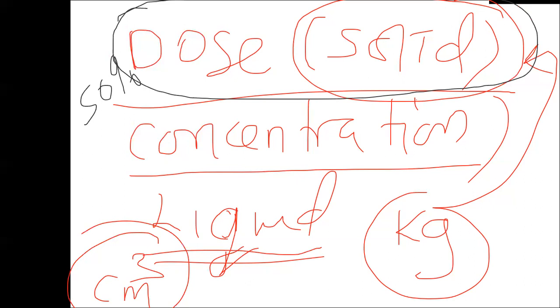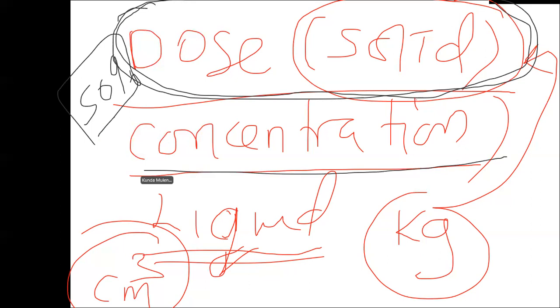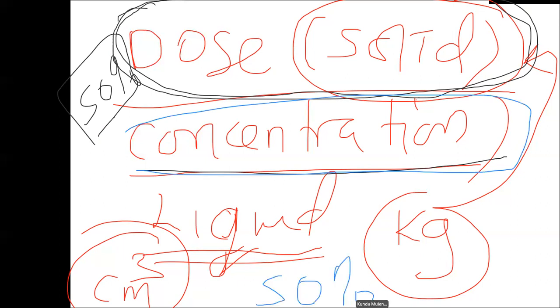Talking about having this pollutant in a solid dose state being administered to living organisms, resulting in fatality, 50% dying. That is one category of issues. Then the other one is this one, which is in liquid, which is concentration. If we have this pollutant in liquid form administered to the living organisms, resulting in the mortality of 50%.